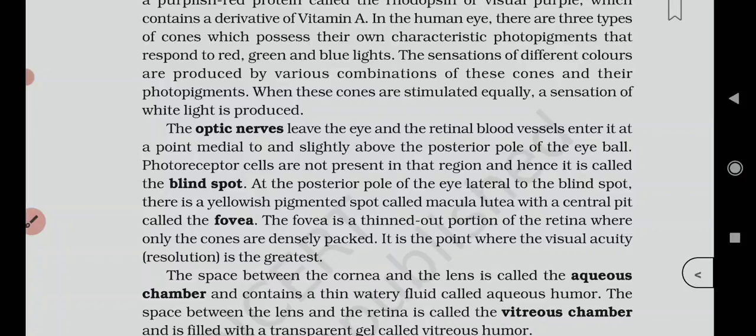Of the brain, where the neural impulses are analyzed and the image formed on the retina is recognized based on earlier memory and experience. So based on earlier memory, जैसे कि रेड कलर कैसा रहता है, ब्लू, पिंक, येलो, ब्लैक, ऑरेंज, वाइट, तो इससे अर्लियर मेमोरी एक्सपीरियंस से हमें पता चल जाता है.